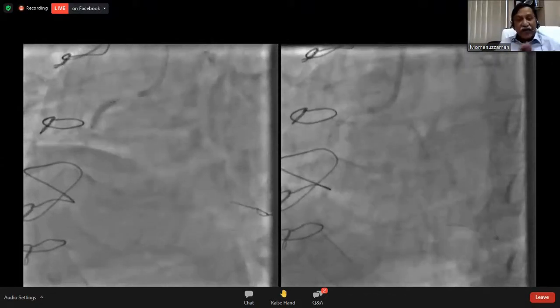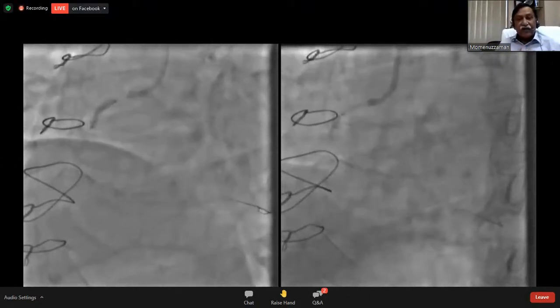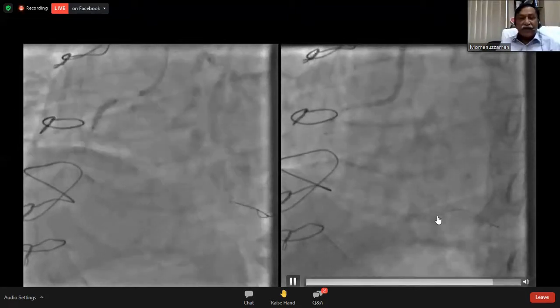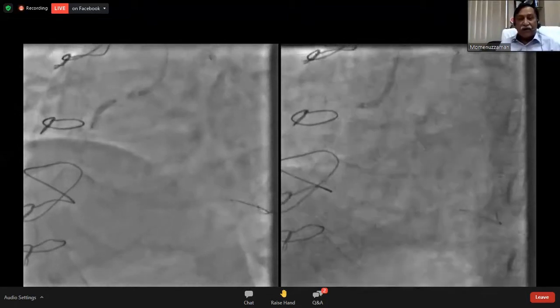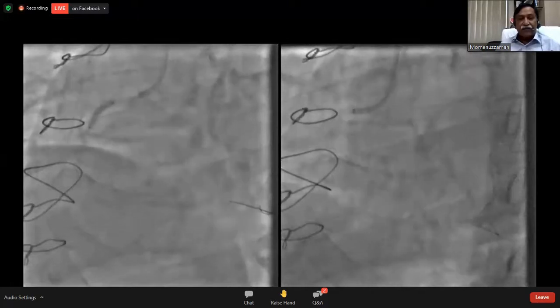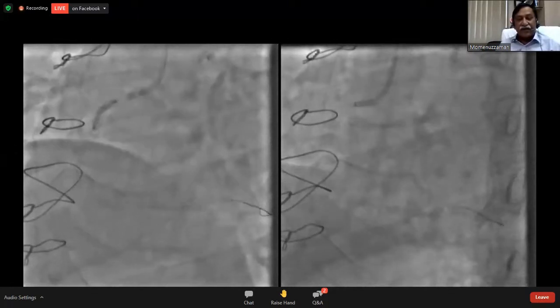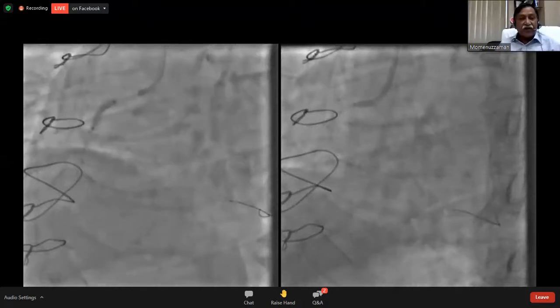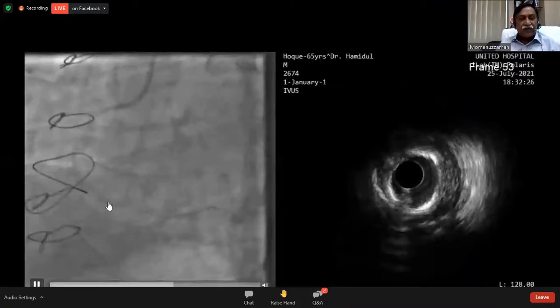And it has an additional purpose of placing a Godzilla, because I know that I might have a problem in passing the stent. Another reason for taking Godzilla is that I just want to pass the IVUS.